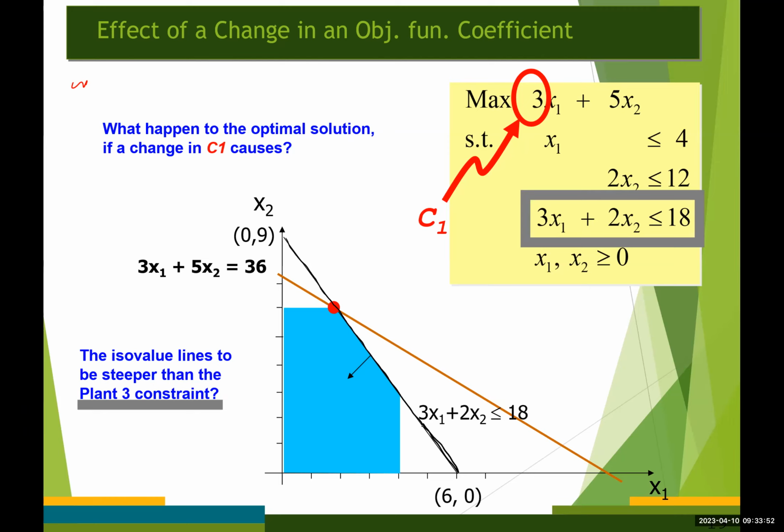Then what happens to the optimal solution? Does the optimal solution remain the same or does it change? So let's see what happens.